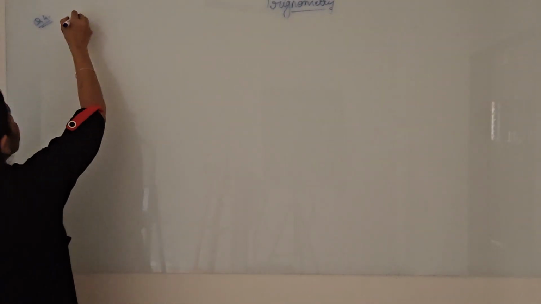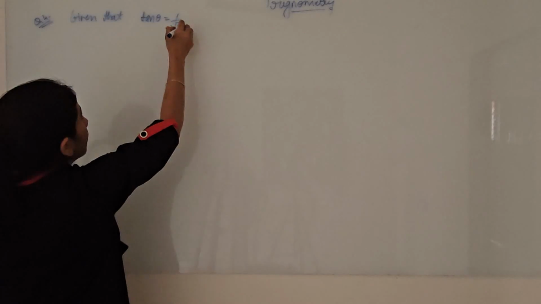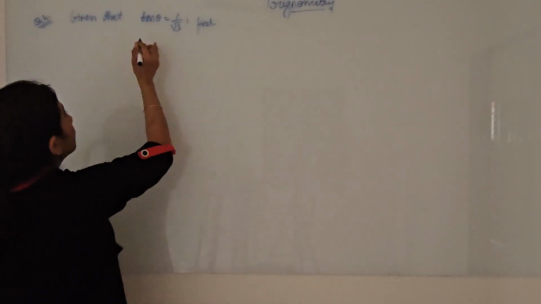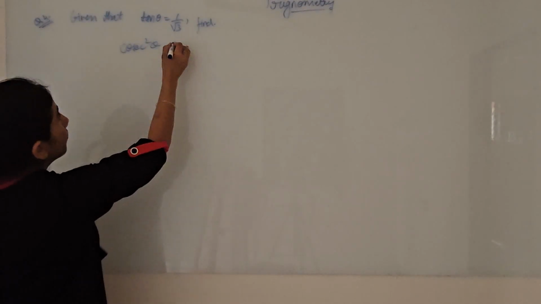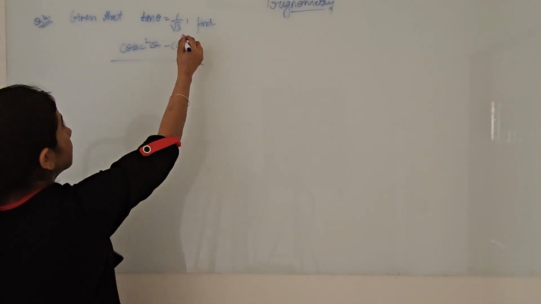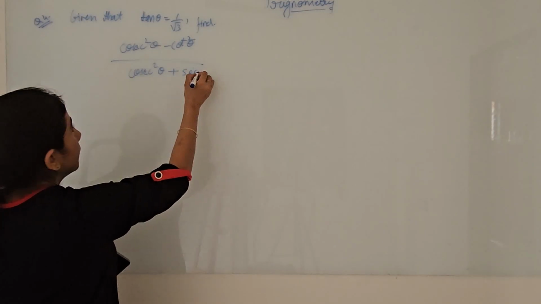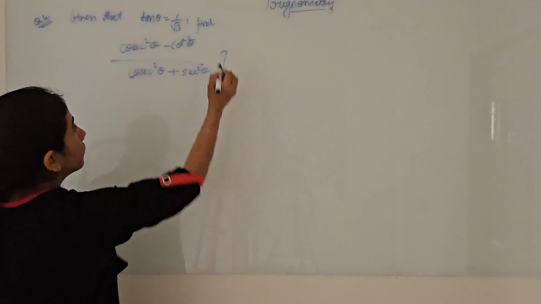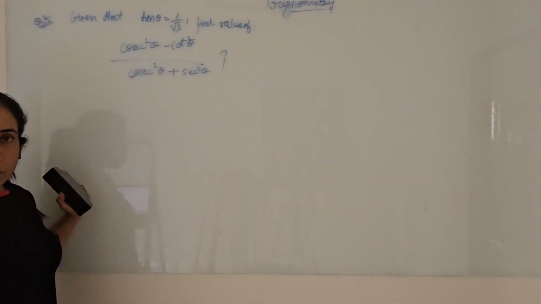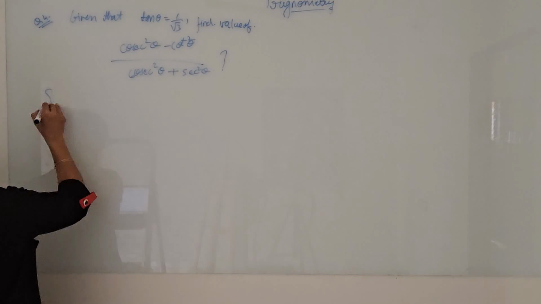It is given that tan theta is equal to 1 upon root 3, and we have to find the value of this expression: cosec^2 theta minus cot^2 theta upon cosec^2 theta plus sec^2 theta. Starting with the solution part.